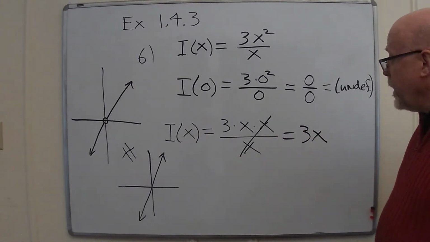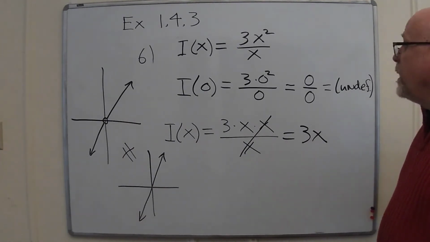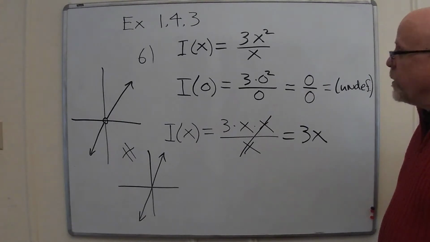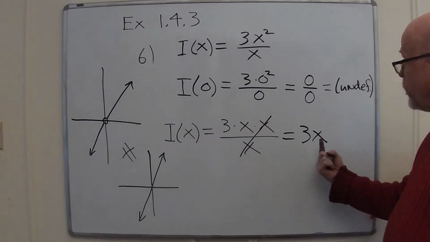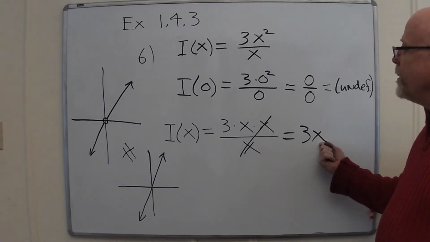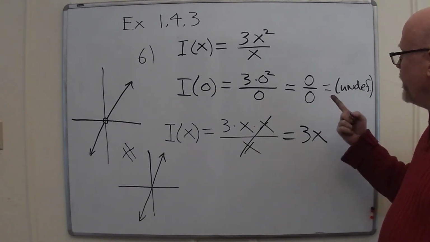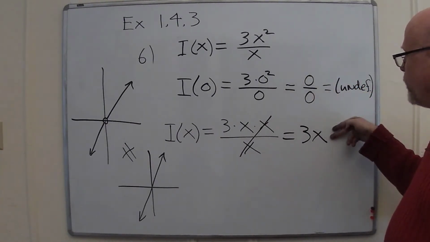Well, dividing numerator and denominator by x is perfectly fine unless x happens to be 0, in which case it's not a legal operation. So that's why we get slightly different output when x is 0 in this one than in that one. Here we get undefined, here we get 0.